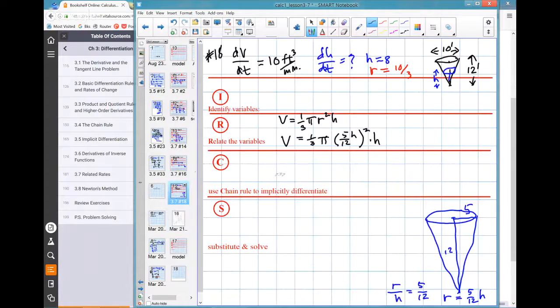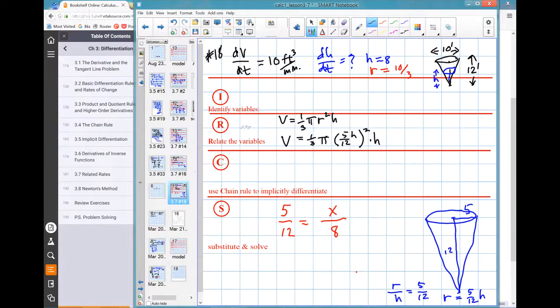I know it's 5 to 12, and I know the height, they gave that to me, that's H. So that should allow me to find the radius.